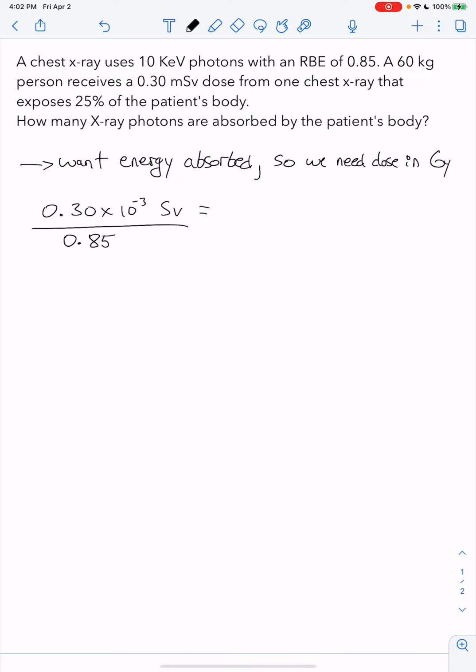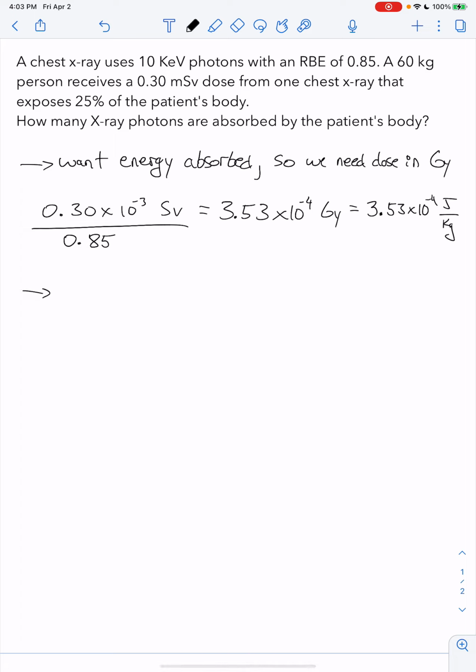And so that gives us a 3.53 times 10 to the negative 4 gray dose, and that is equivalent to, when I think about those units, a little review, 3.53 times 10 to the negative 4 joules per kilogram. That's energy per mass.